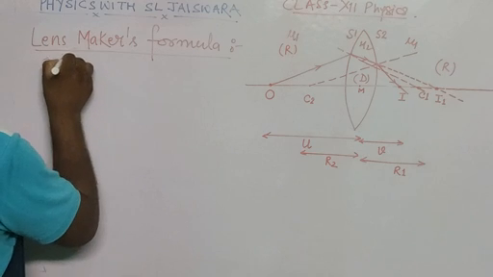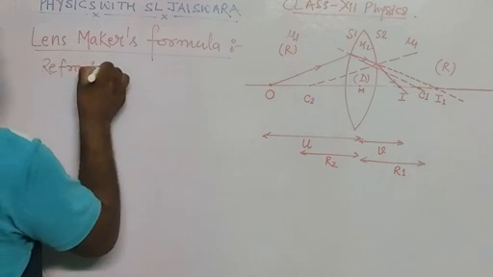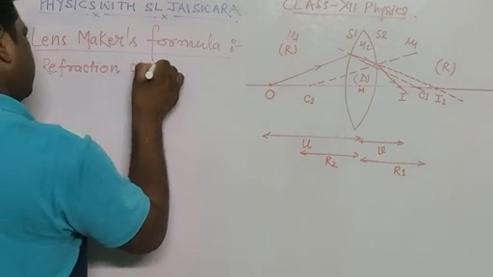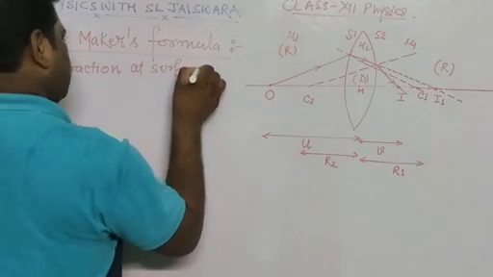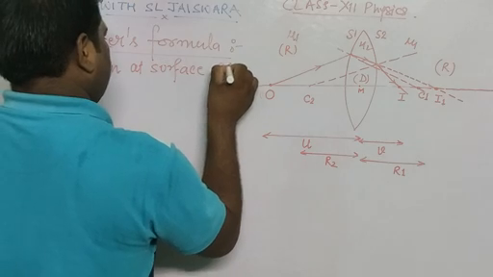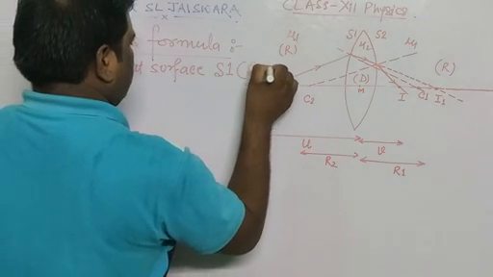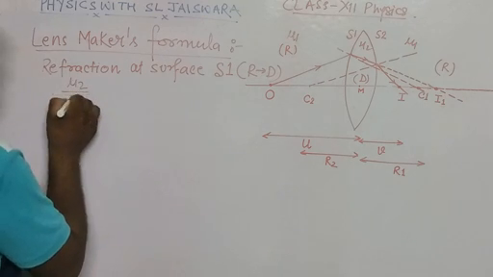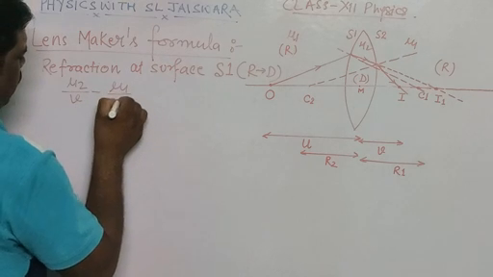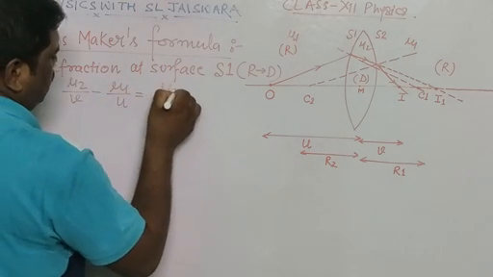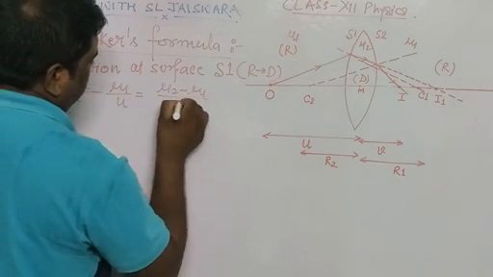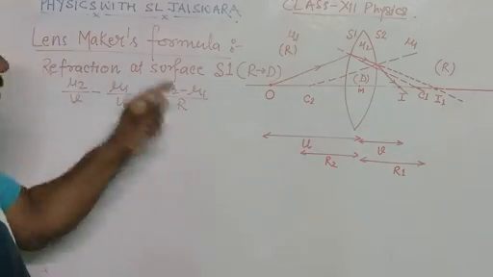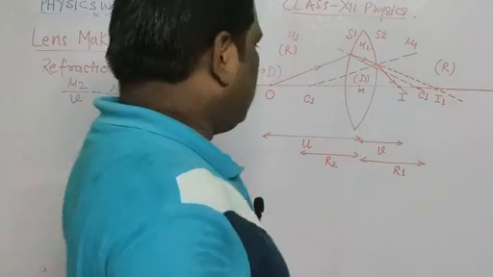So let us write down refraction at surface S1. It is from R to D. What will be the formula? Mu2 upon V minus mu1 upon U is equal to mu2 minus mu1 upon R. This is the formula that we have to use.